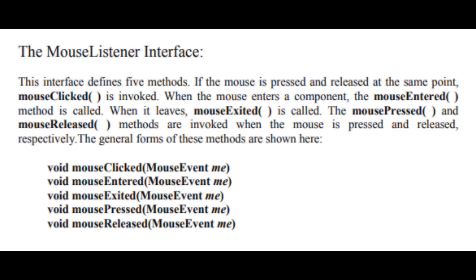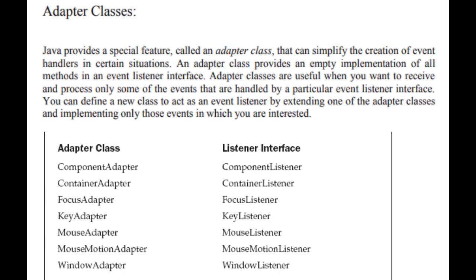So we are using these adapter classes. There is an adapter class corresponding to each listener interface. The advantage of adapter classes: no need to provide body for all the methods. We will be providing the body to the method in which we are interested or which we are using in our program. Consider the mouse listener interface. It has 5 methods.